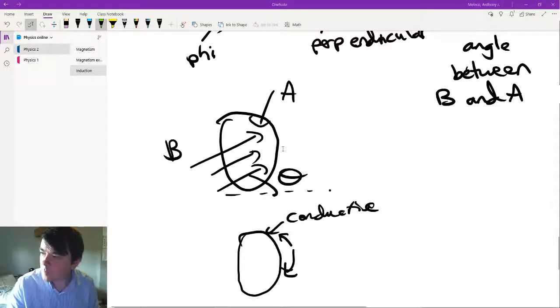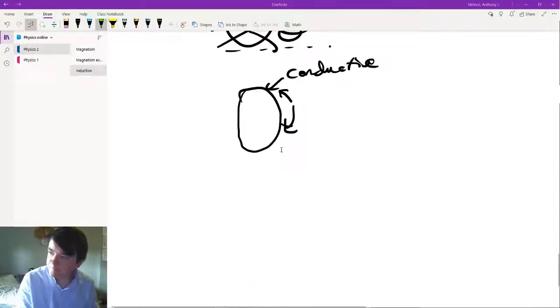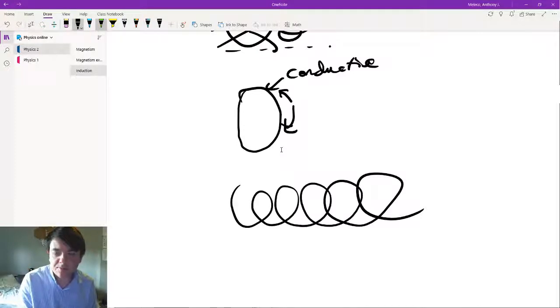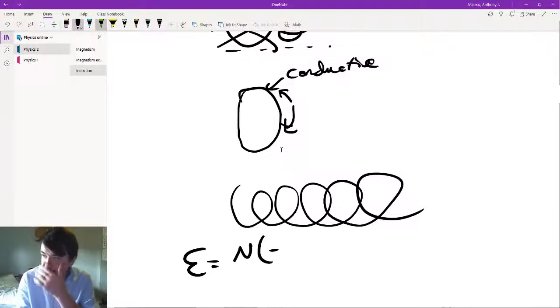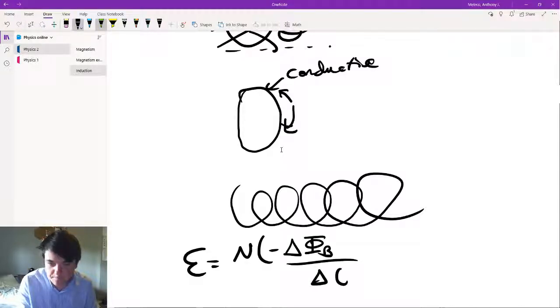Okay. There is one more equation. If you have something like a slinky or something with multiple turns, you can adapt this equation to include that, where it's just the number of turns added to it.